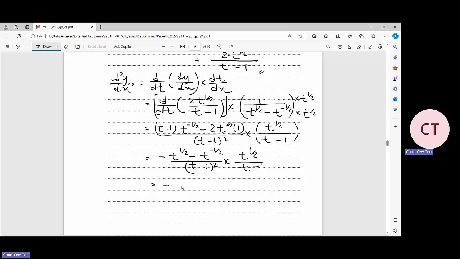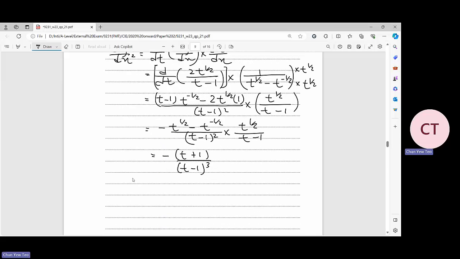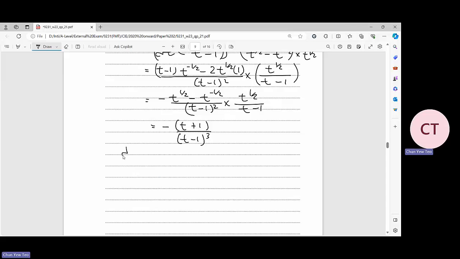So now I combine them together, it will become negative (t minus 1)(t plus 1) over (t minus 1) cubed. So what we want over here is that d^2y/dx^2 is greater than 0. That means that the negative of (t plus 1) over (t minus 1) cubed must be greater than 0, which is that (t plus 1) over (t minus 1) cubed is less than 0.